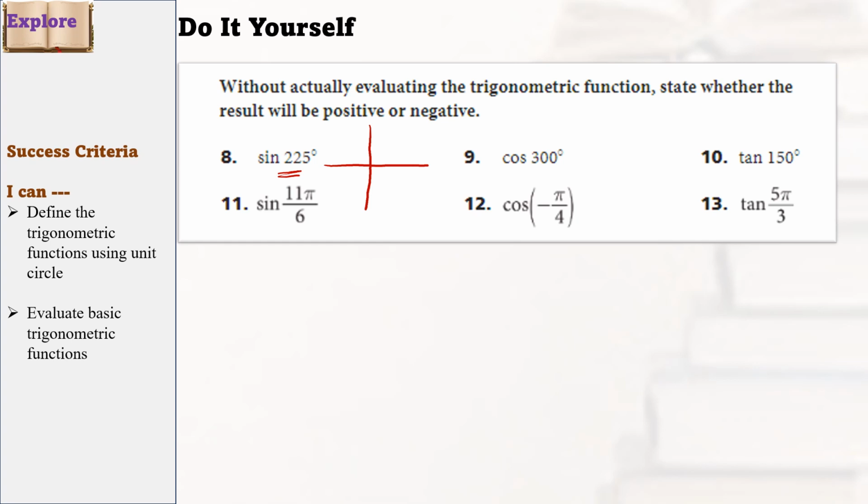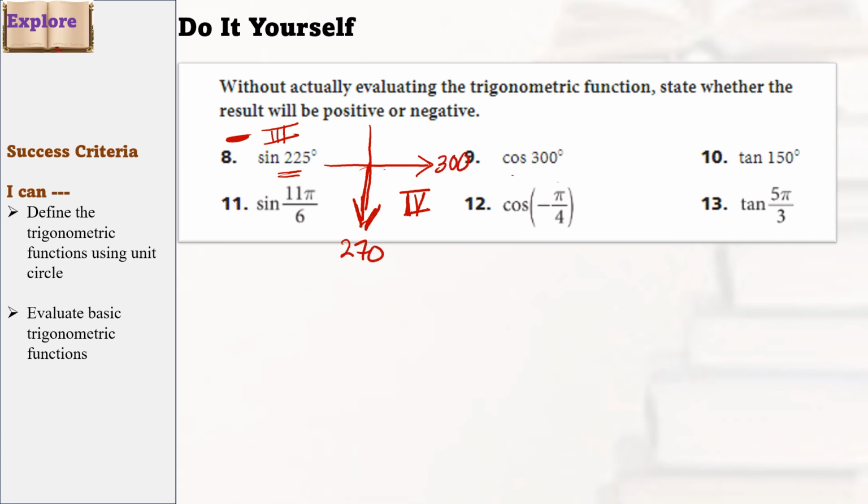So 225 is in the third quadrant, right? It is in the third quadrant. Now in the third quadrant, the y value is negative, so you have a negative answer. Now cos 300. 300 is in the fourth quadrant, right? Because it's between 270 and 360.